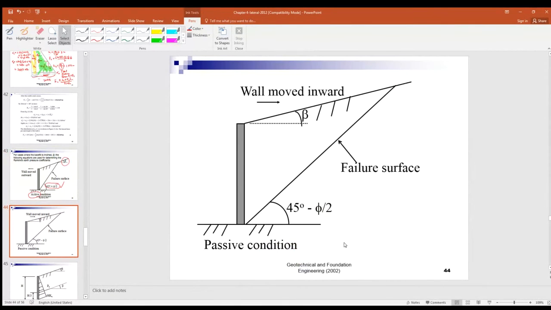And the passive state, again here, we have learned that it should be 45 degrees minus phi over 2, right? If the wall is moving inwards, that will develop the passive condition.